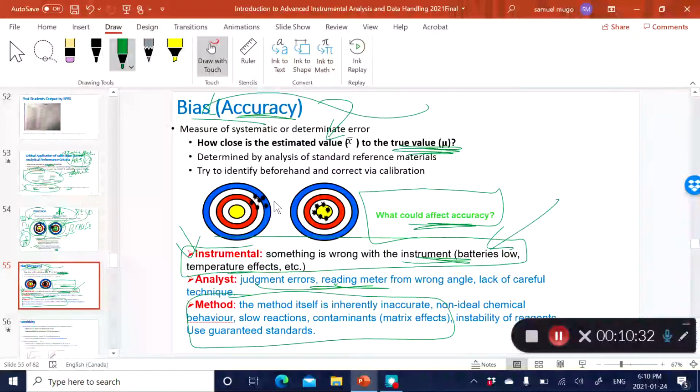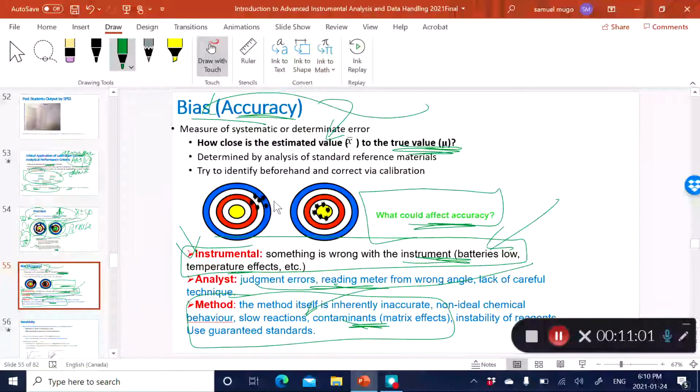For example, sample preparation may have matrices, and those ones may equally affect the accuracy of your analysis. There could be other things happening during sample preparation, like isomerization, dimerization, chemical reactions that are taking place that are not accounted for, could affect accuracy as well.